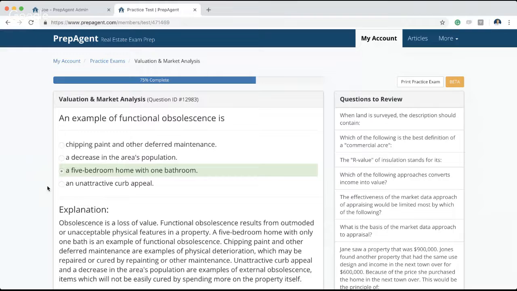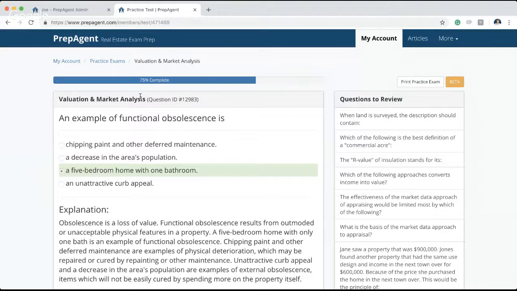What are the different forms of obsolescence? Okay, so we have functional and economic. Those are the different forms of obsolescence.